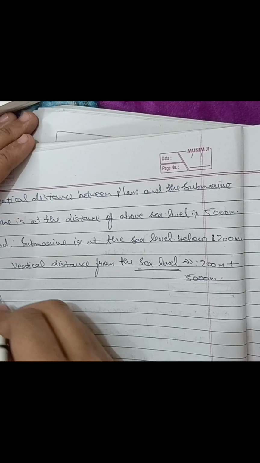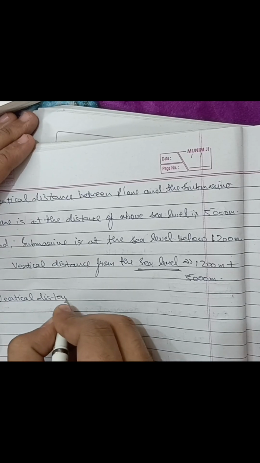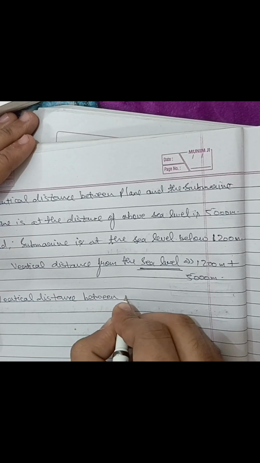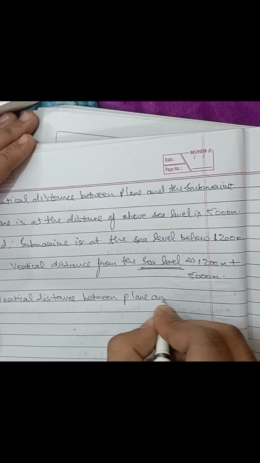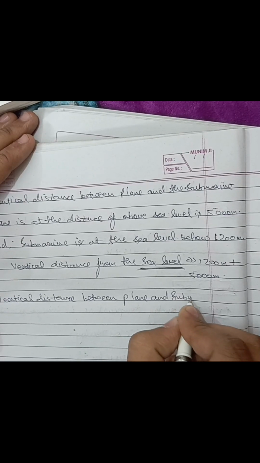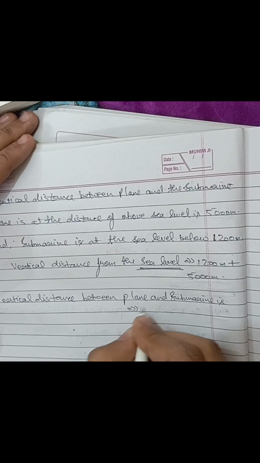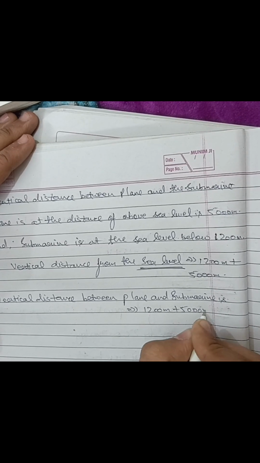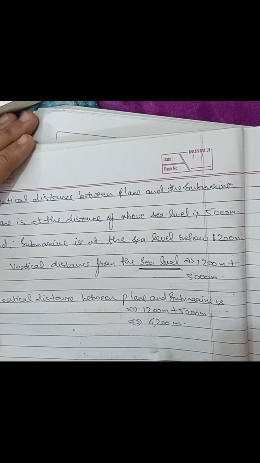The answer will be: the vertical distance between the plane and the submarine is 6200 meters.